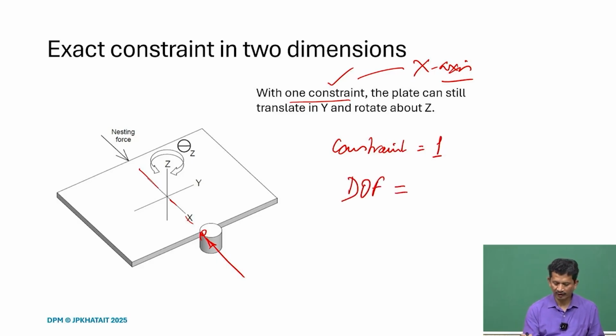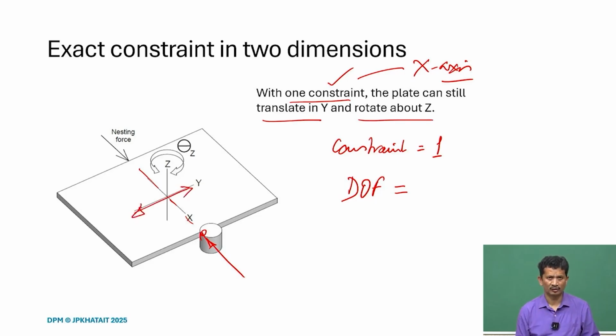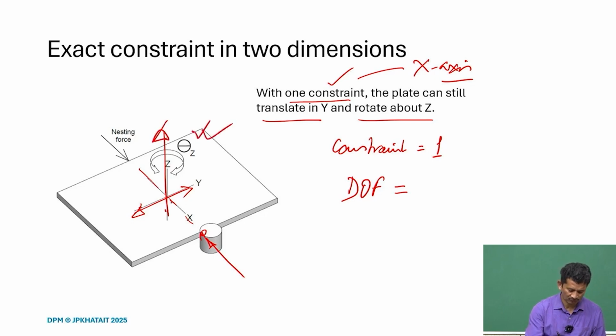What we find is that it can still translate in y and rotate about the z direction. If you try to move along the y direction, if we give this motion, it can still slide. So, that translation is possible. If you try to rotate about the z direction, this theta z, so it is perpendicular, and it can slide here at the point of contact.